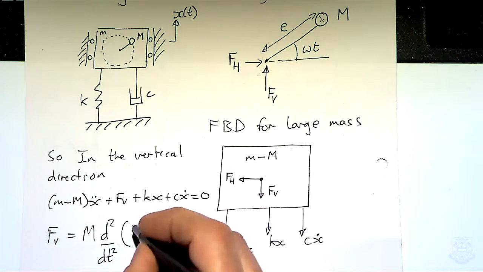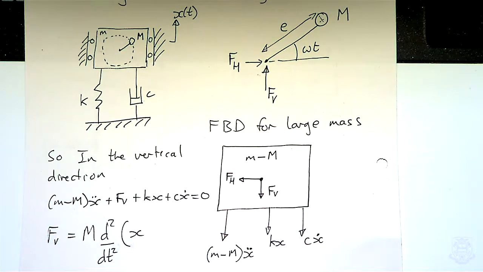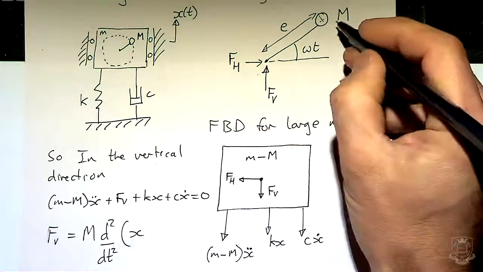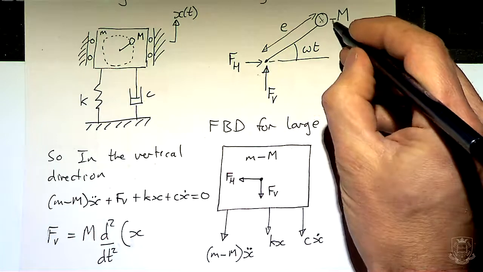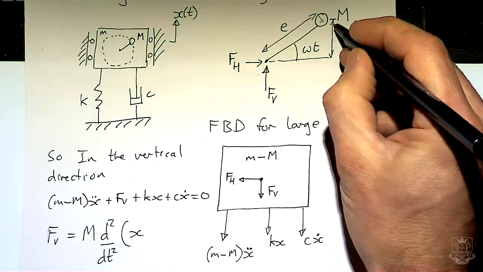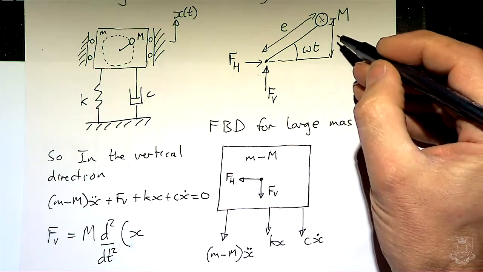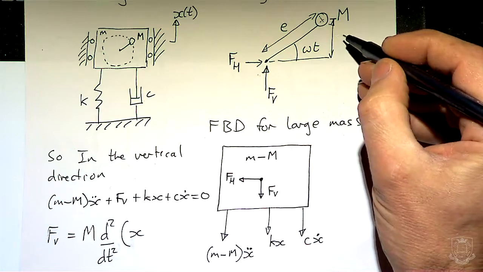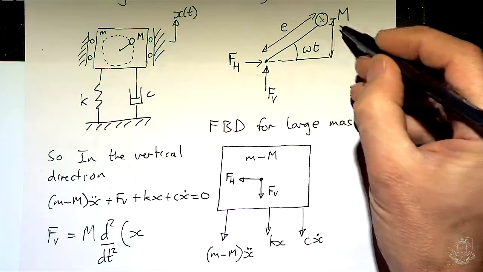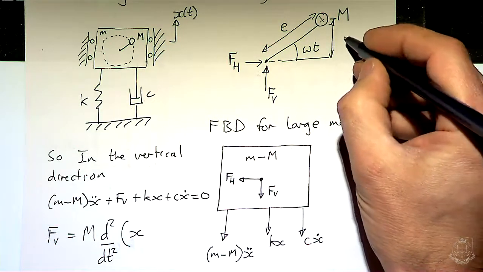The motion is going to be x, because the pivot point is going to move up and down with x, and then this vertical component here, which is e multiplied by sine of omega t.